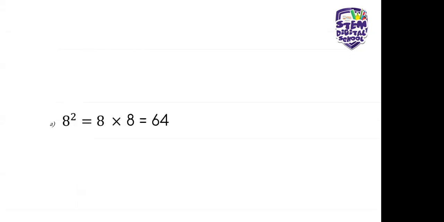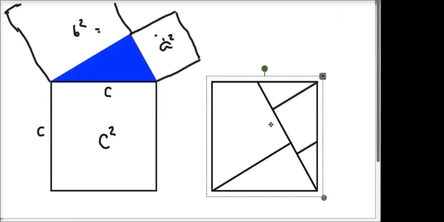So I've just demonstrated, this was the first one, which we did just to show that when you multiply 8 by itself, you get a square number, which is 64. So now I'm going to zoom directly into Pythagoras.